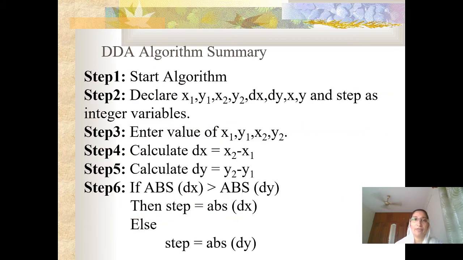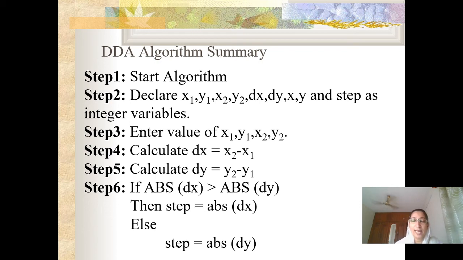This is the summary of the DDA algorithm. In step 1, we start the algorithm. In step 2, we declare some variables: x1, y1, the first endpoint, x2, y2, the second endpoint, and dx, dy, x, y and step are integer variables. In step 3, enter the values of the endpoints, that is x1, y1 and x2, y2.